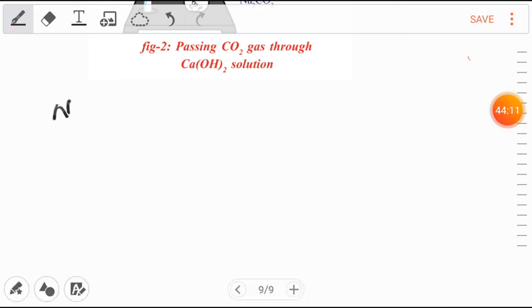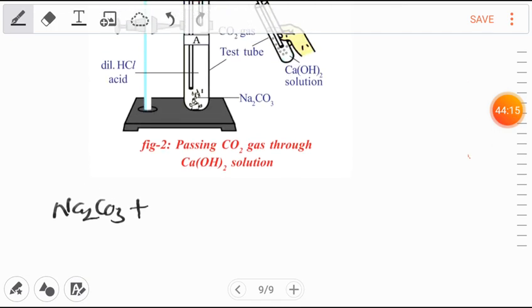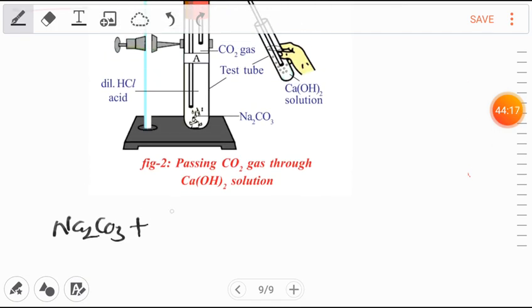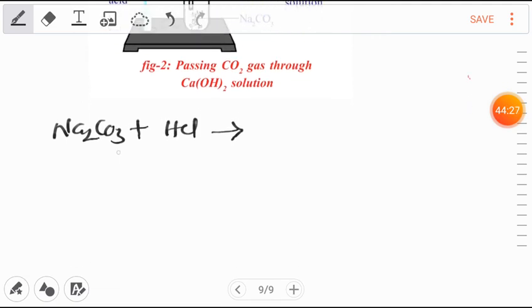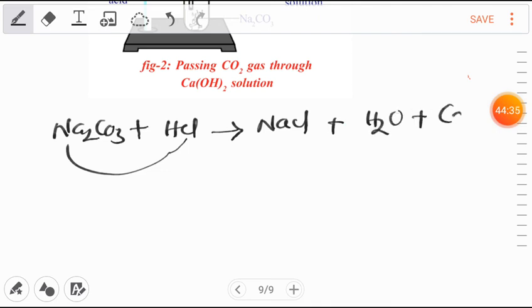Sodium carbonate, Na2CO3, you are going to take as solid granules in the test tube, and then add HCl acid. What will happen? Na reacts with Cl, NaCl is formed, plus water is formed, plus CO2 is formed, to balance the reaction.